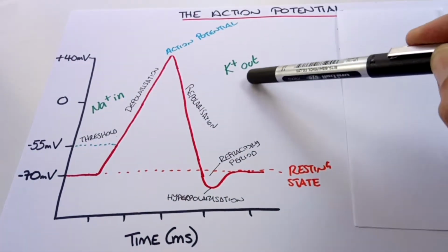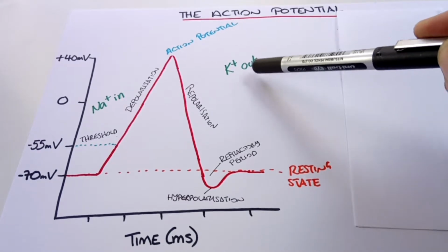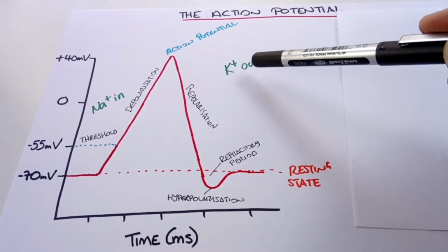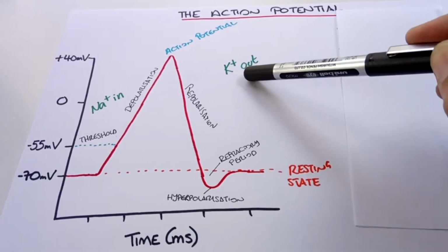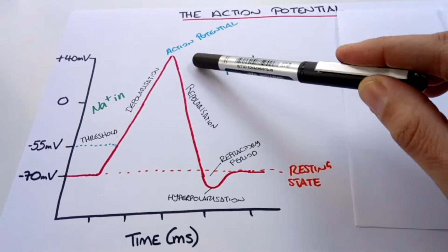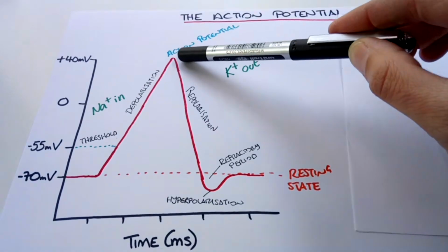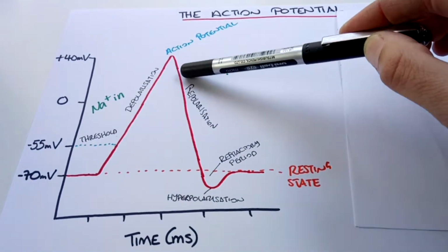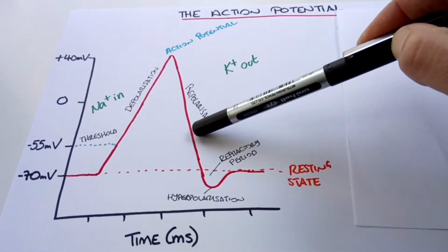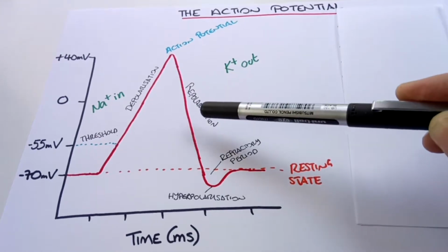Potassium channels now open, and potassium leaves the cell. This particular process is called repolarization. So potassium leaves the cell and the cell becomes more negatively charged again in a process called repolarization.